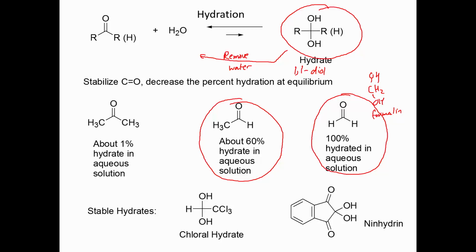And the reason the hydrate here is stable is because, forgot the carbon. All right, so we have a partial positive at the carbonyl, and we're now loading the system with these electron withdrawing chlorines, and this is a very destabilizing interaction, okay?